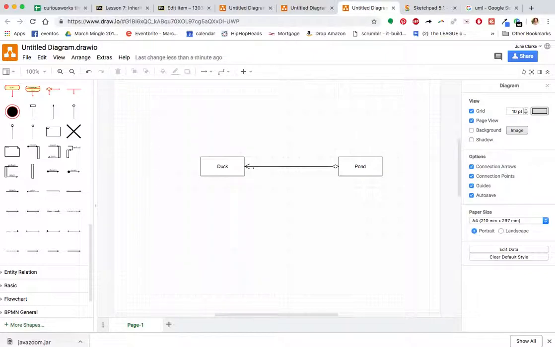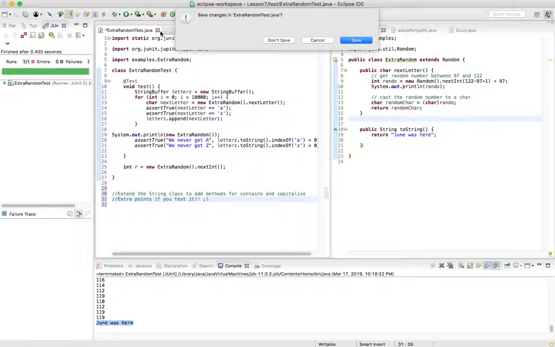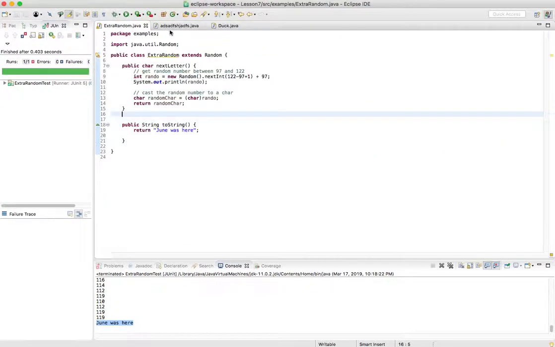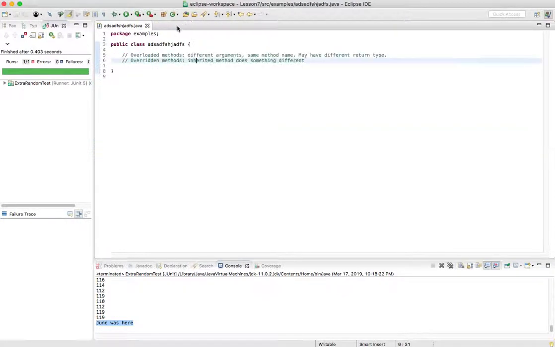I think I want to go into a little more about this idea about composition. So we have this idea of composition, and inheritance, that was the triangle top.